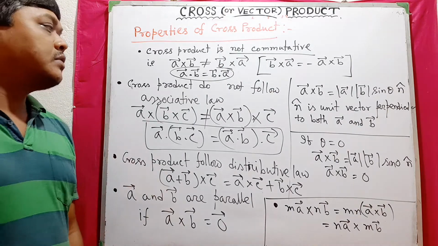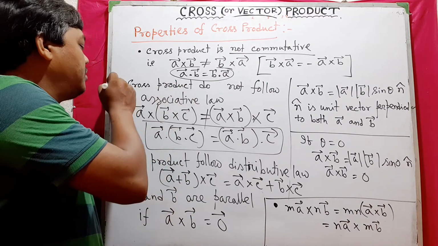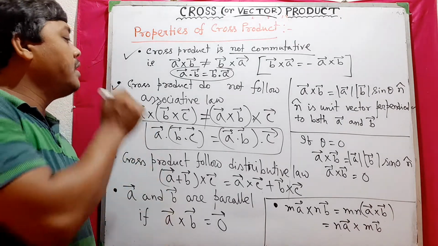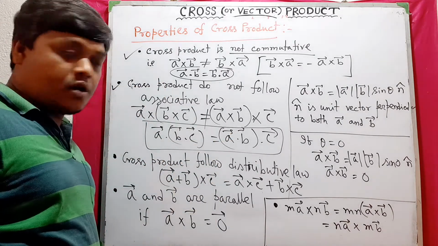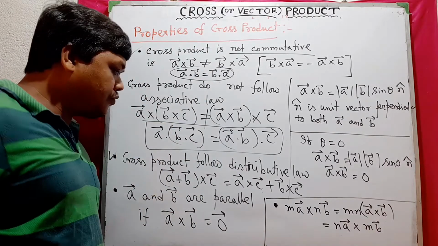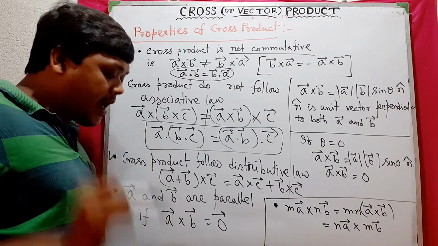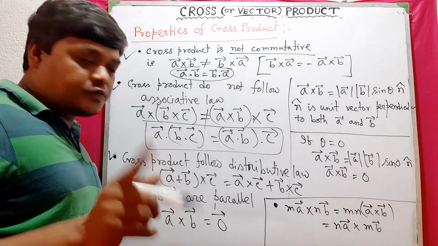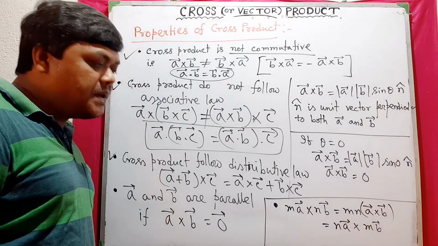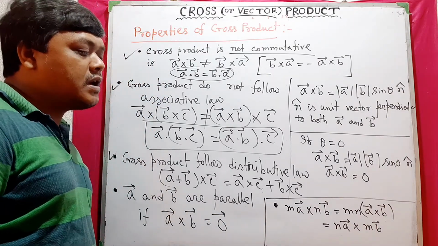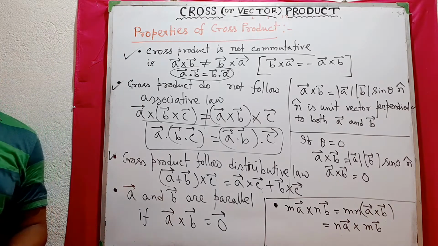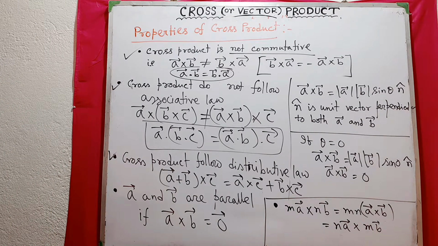Cross products do not follow the commutative law or the associative law, but they follow the distributive law. Two vectors are parallel if and only if A cross B equals 0, and mA cross nB is mn times A cross B. Those are the properties of the cross product. Clear?